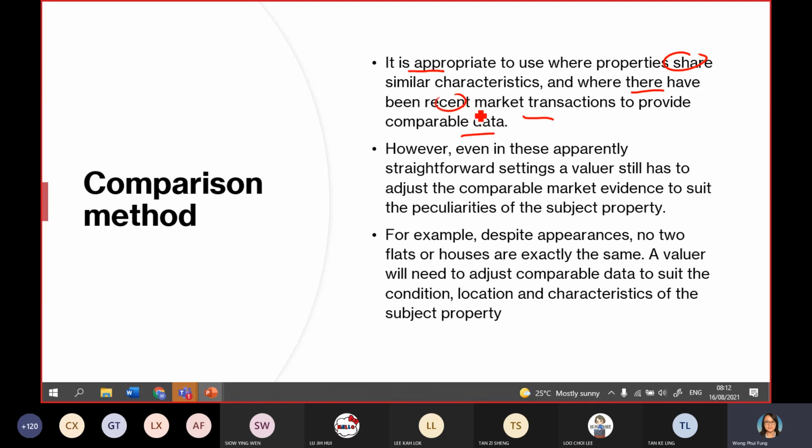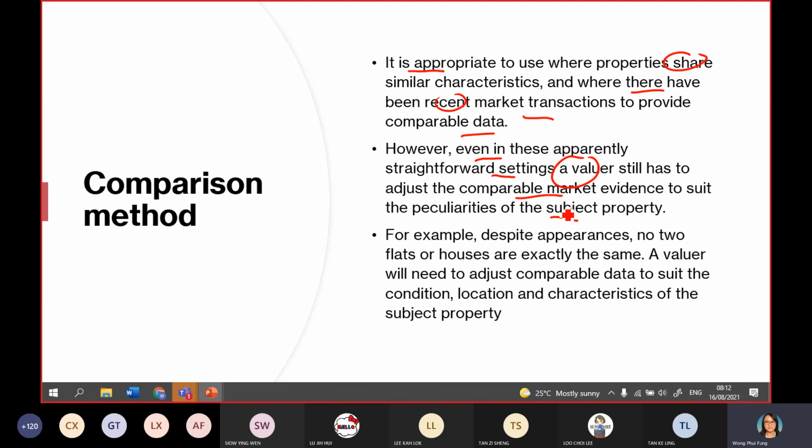Which means that, as I just now mentioned, try to find the latest date to check the price. However, sometimes things are not perfect. So even in this apparently straightforward setting, a valuer still has to adjust the comparable market evidence to suit the peculiarity of the subject property.